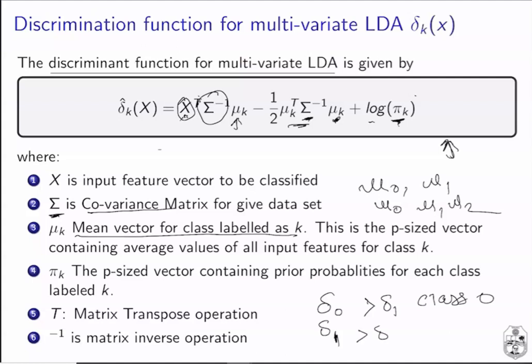If delta 1's value is greater than delta 0, then class 1 is assigned. So this is the rule for assigning the class labels. And this function is making the differentiation between the class labels. That's why it is called the discriminating function.